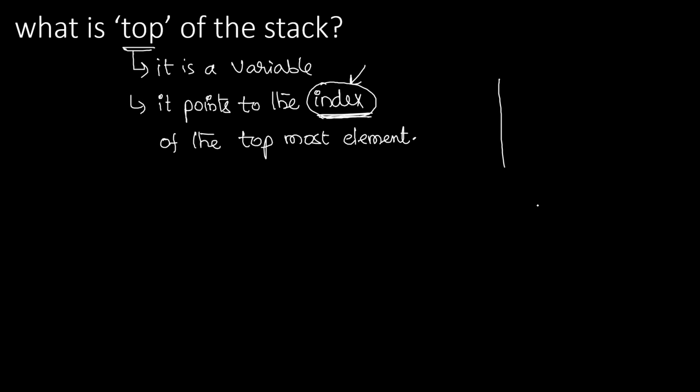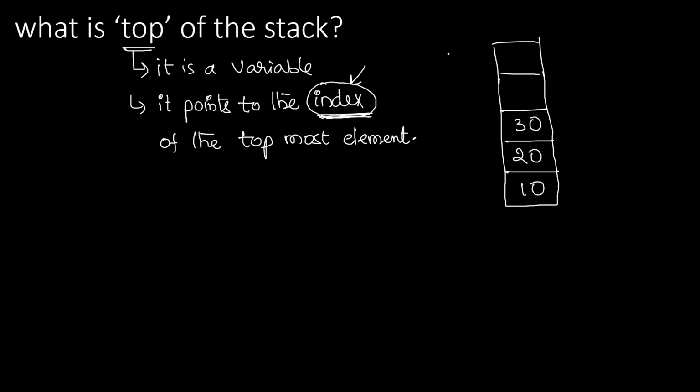For example, you take a stack like this. You have the values 10, 20 and 30 already in the stack. And here I am implementing the stack by using an array. Two ways are there: the first is by using an array, and the second is by using a linked list.